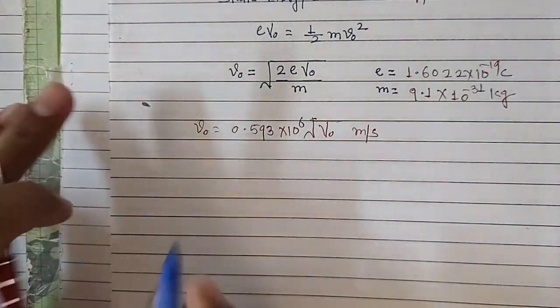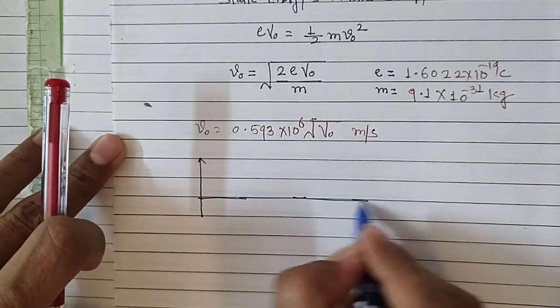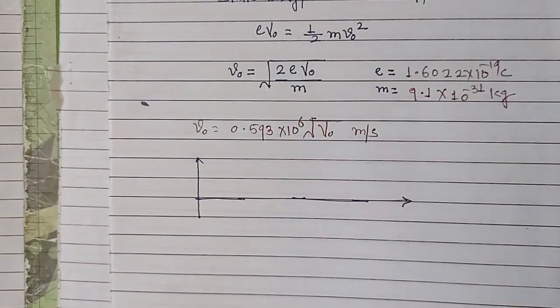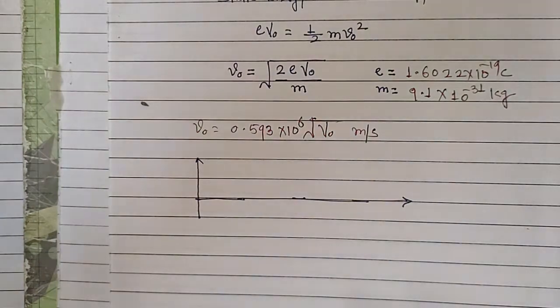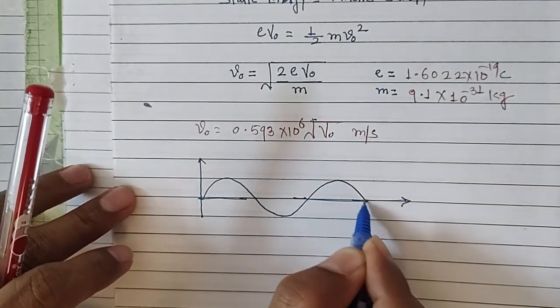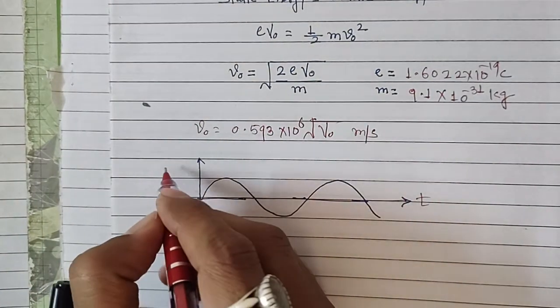So now to determine the average microwave gap voltage, let us assume the RF signal which is present in the cavity gap. We will assume the signal voltage present in the buncher gap is something like this, with time axis and amplitude axis.